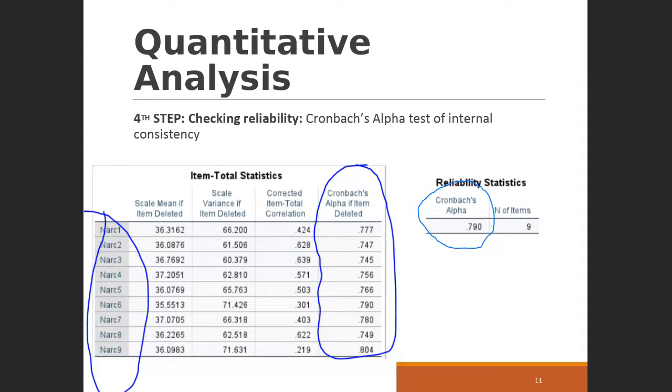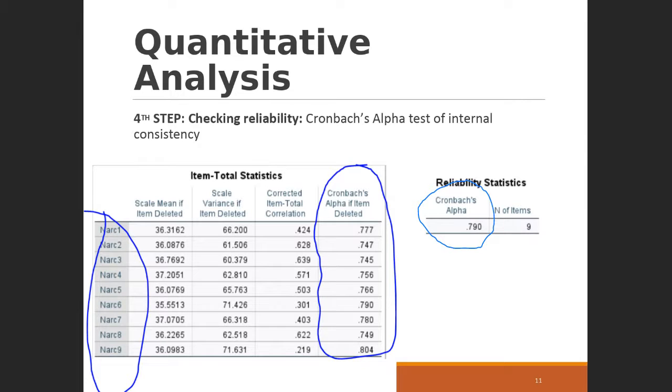A value close to 0 indicates that the items in the research instrument do not correlate with each other, and hence they are not measuring the same concept, and hence the scale is not reliable. A value closer to 1 shows that items in a questionnaire are strongly correlated and they are measuring the same concept. So the scale is reliable.